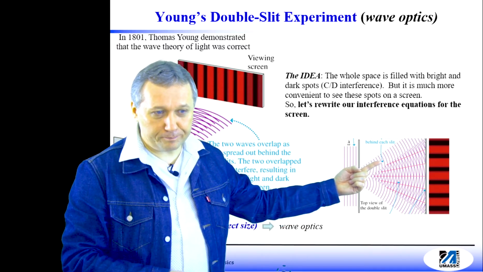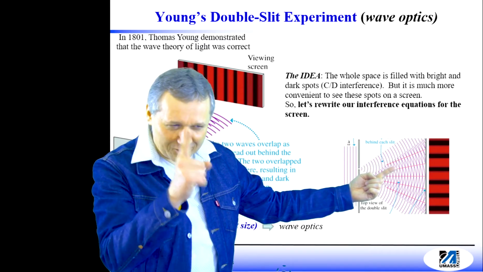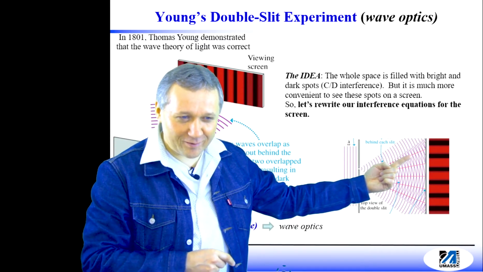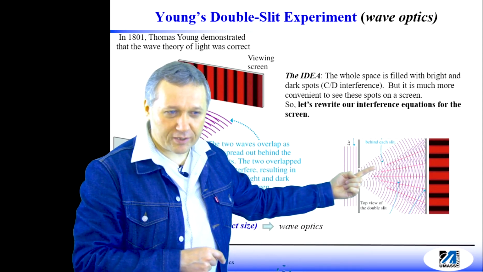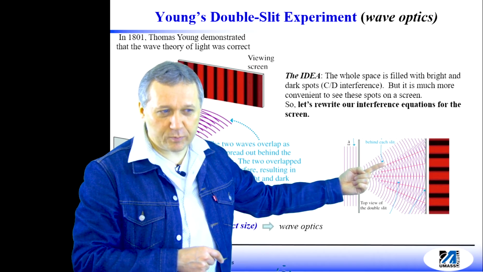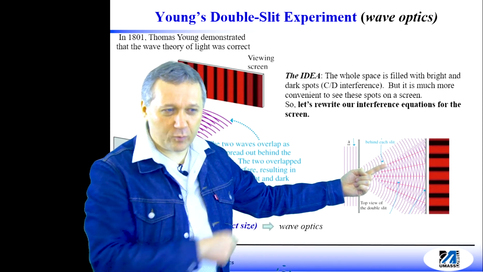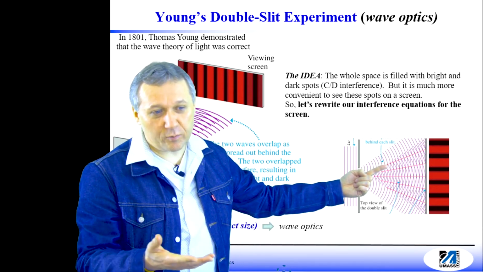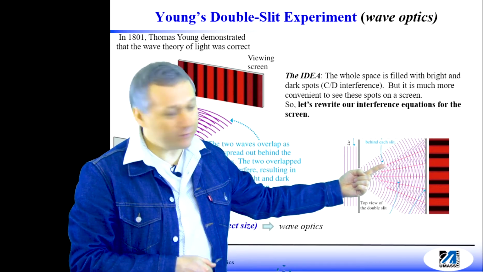Look at this. Along this red line, we have bright spots, constructive interference. Why? Because if you take, for example, this point, we have the wavefront of the first wave intersecting the wavefront of the second wave. It means that this is a point of constructive interference.